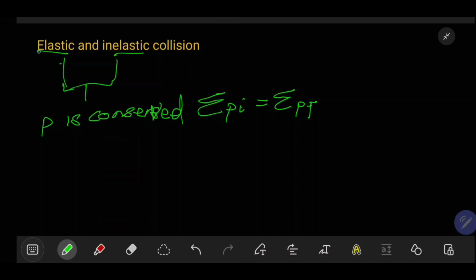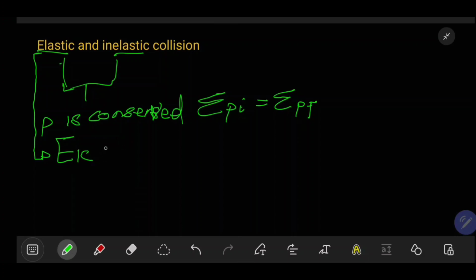When we talk of elastic collision, this is a type of collision in which both the kinetic energy and momentum are conserved. So in elastic collision, it is not only the momentum which is conserved, but also the kinetic energy.